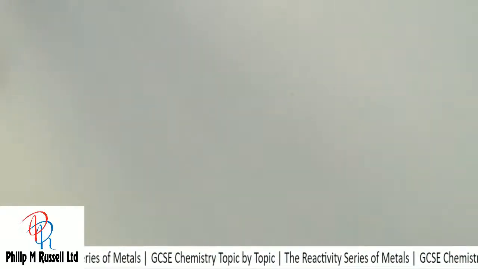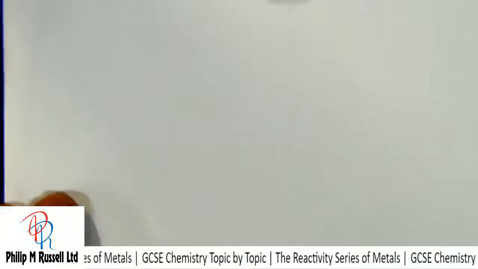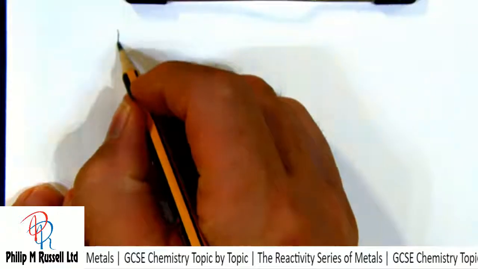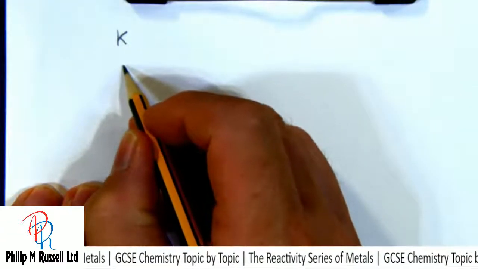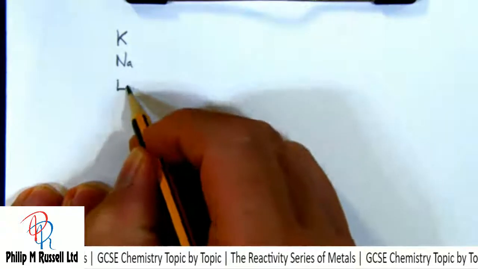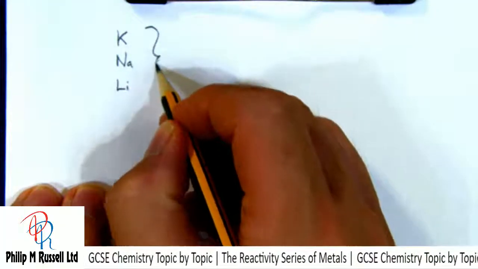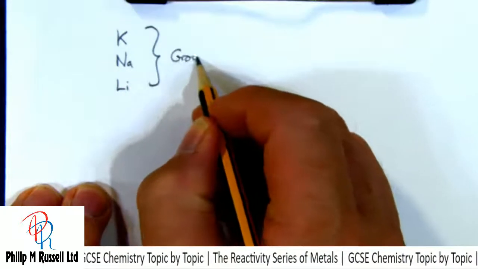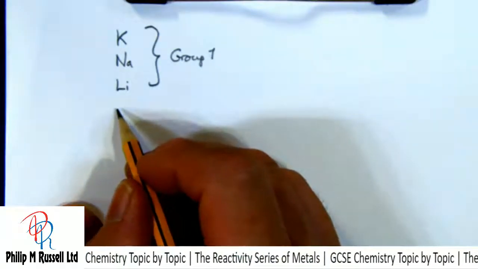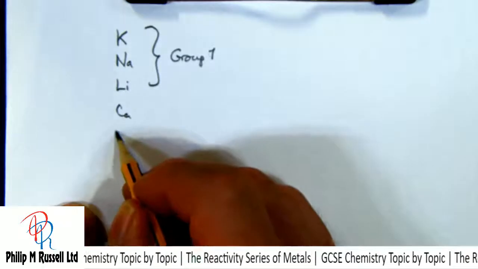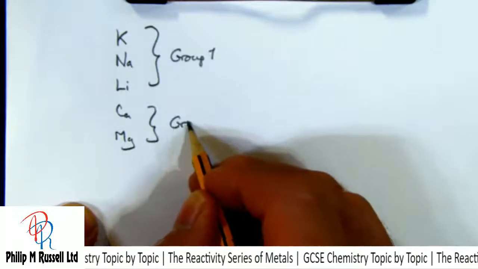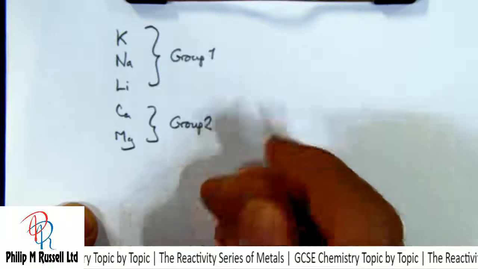So we've got our reactivity series. Can you remember it? We've got potassium, sodium, lithium. These are all group 1. Then in my list I've got calcium and magnesium. These are all in group 2.